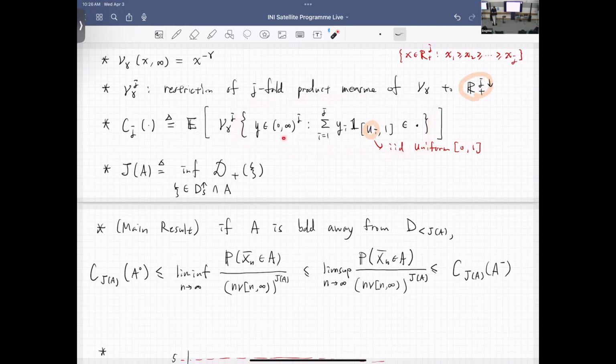This is a set of J-tuples for which this belongs to A. Let's call this set A, evaluated at A. A is a subset of paths, a subset of Skorokhod space, and each of these are paths.